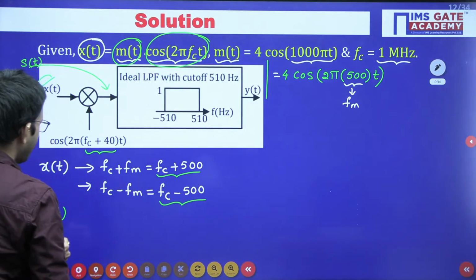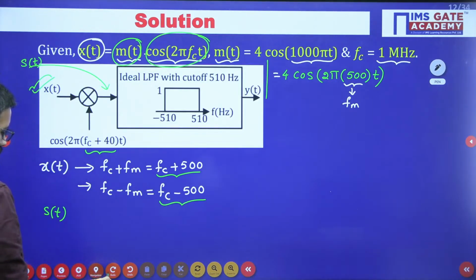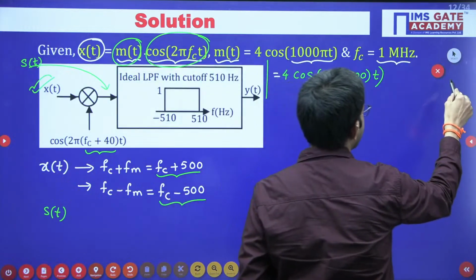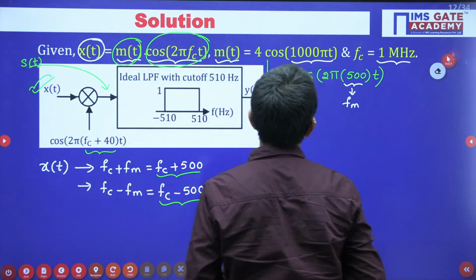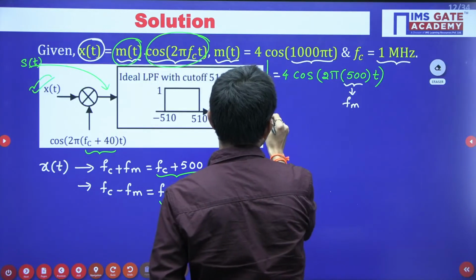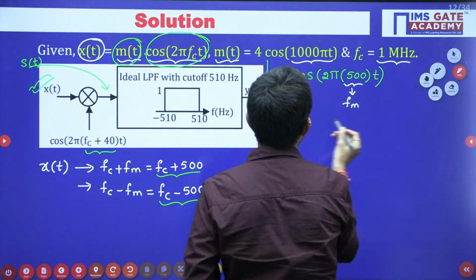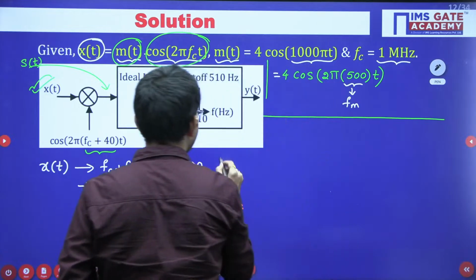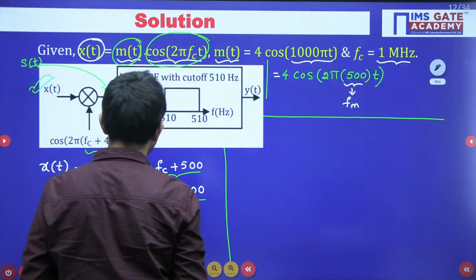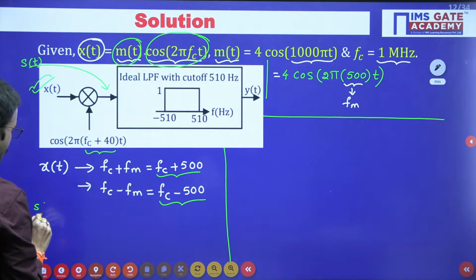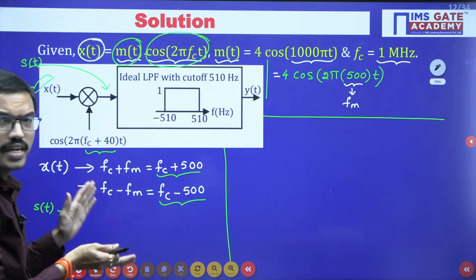Now regarding s of t, first of all let us consider the addition of 2 frequencies.